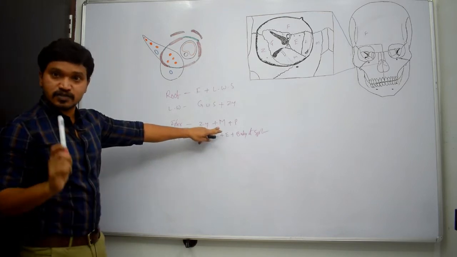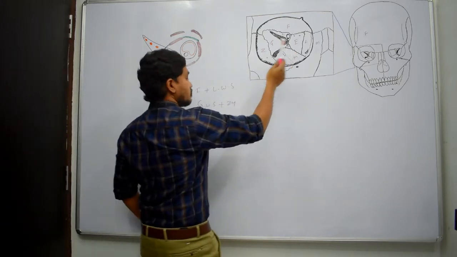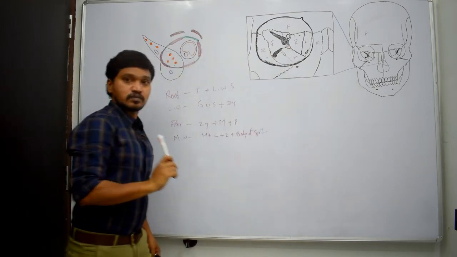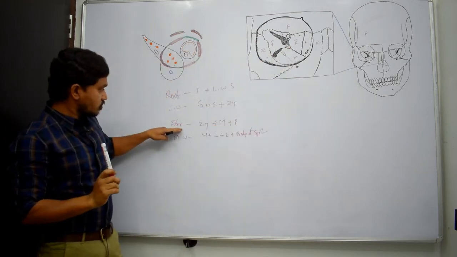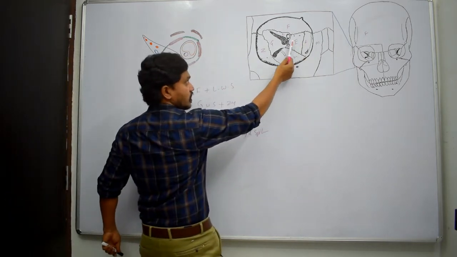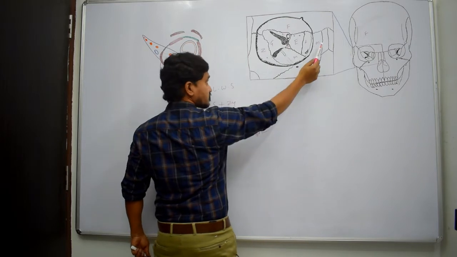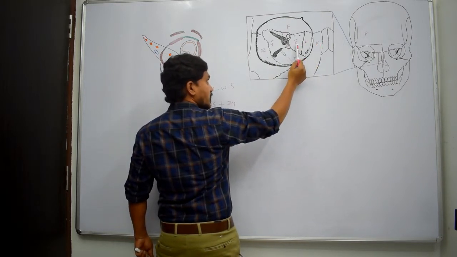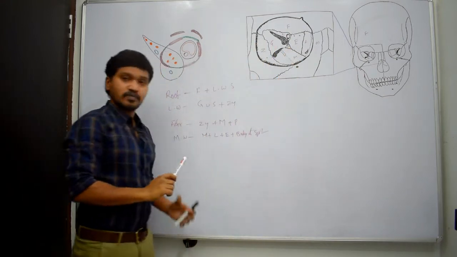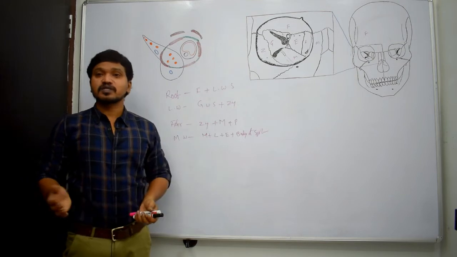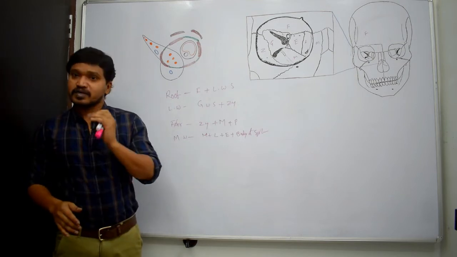If you want to say specifically, the orbital surface of maxilla and palatine bone. Clear? Then the medial wall is formed by frontal process of maxilla, lacrimal bone, ethmoid bone and body of sphenoid. Now we know the different bones which form the different walls of the orbit.